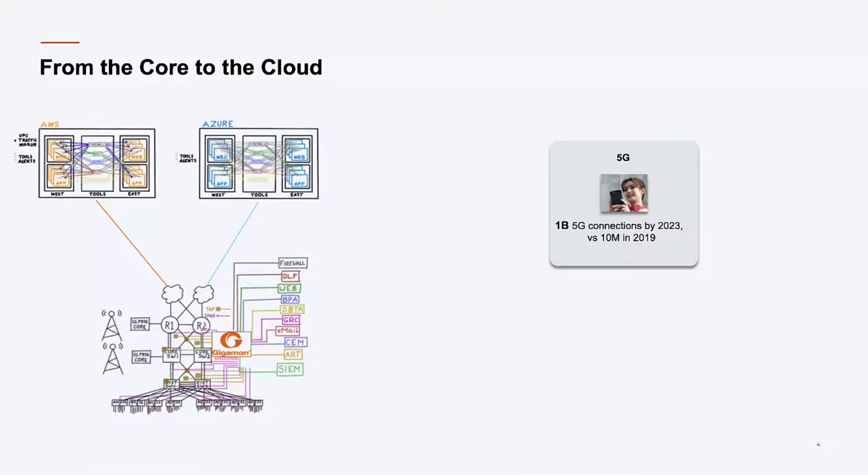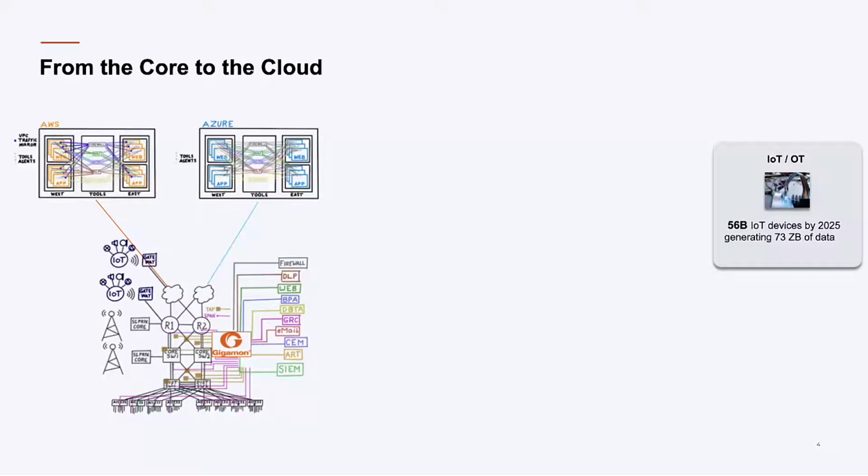Looking at present day and looking forward, we see a big driver for increased complexity in this move to the cloud is going to be the availability of 5G. Most of the analysts are forecasting that there are going to be upwards of 1 billion 5G connections by 2023. One of the things we think that's going to give rise to is a massive increase in the use of IoT and OT.